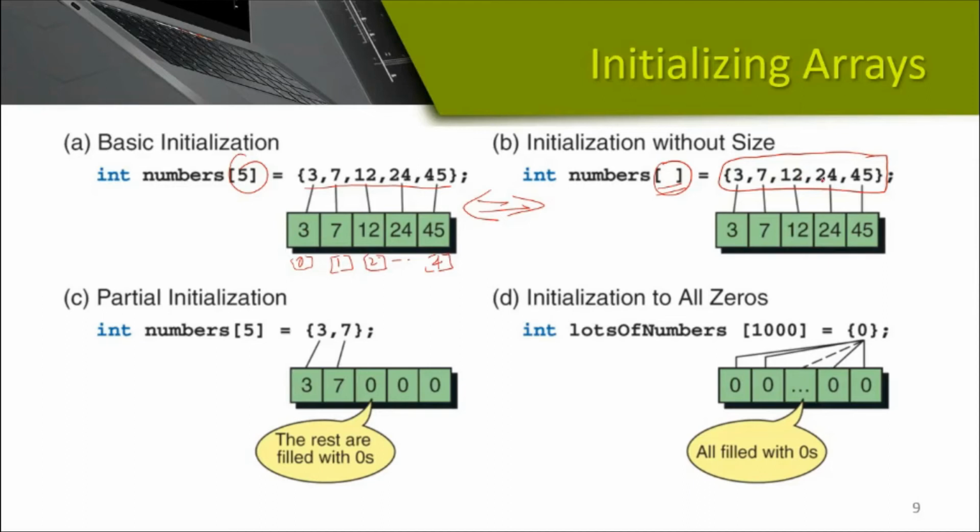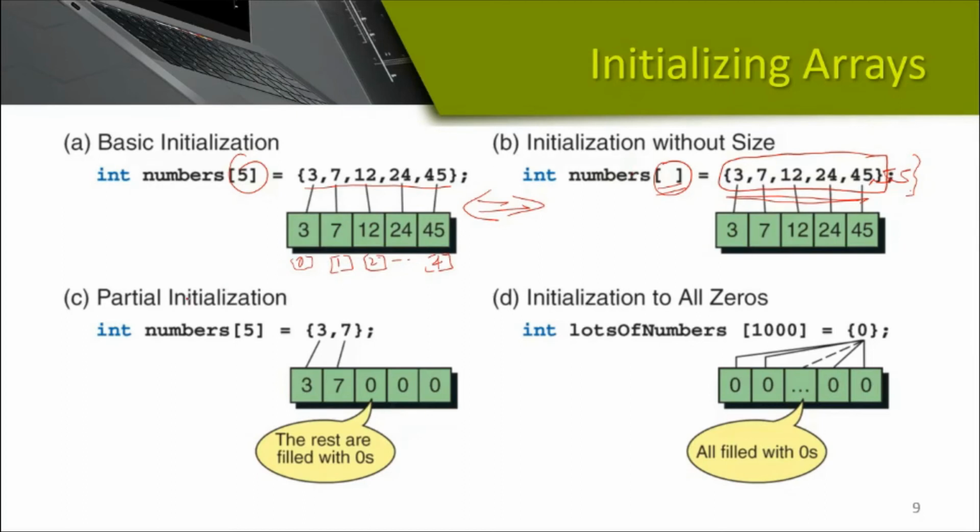The size of this array will be obtained depending on the number of elements being initialized. If you put another value, say 55 is also given, then the size of numbers will be 6 because there are 6 elements inserted into that array.